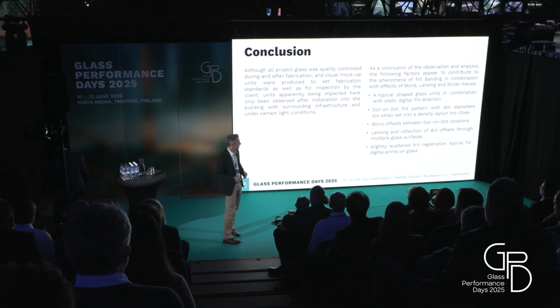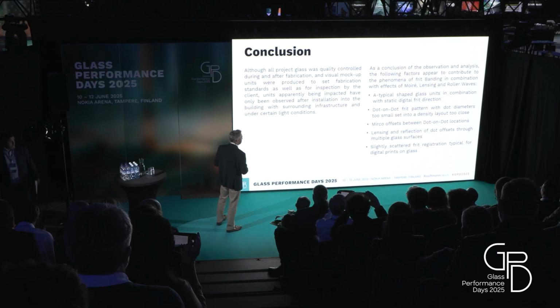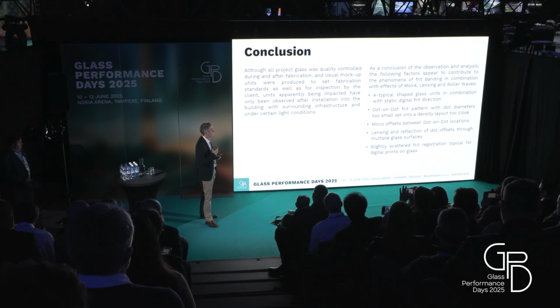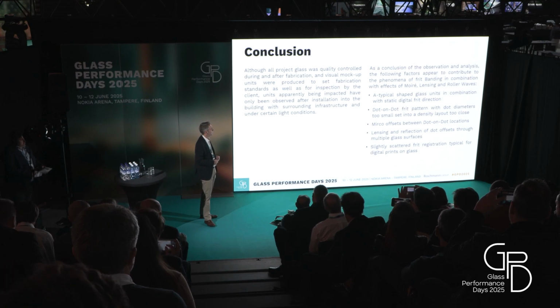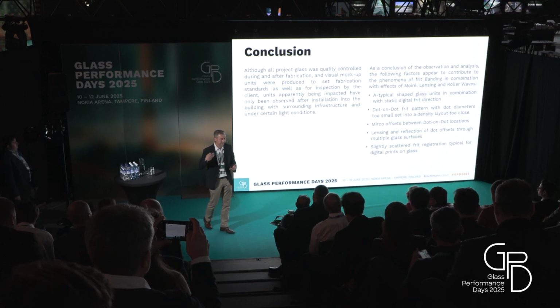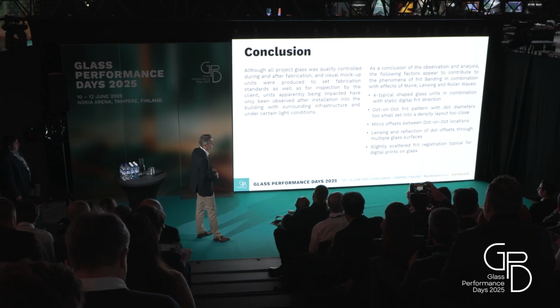So as a conclusion, the observation and the analysis told us that we should take into consideration atypical shaped glass, because that always creates a kind of risk where an optical distortion may appear.